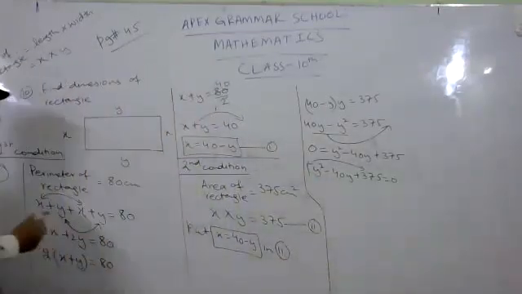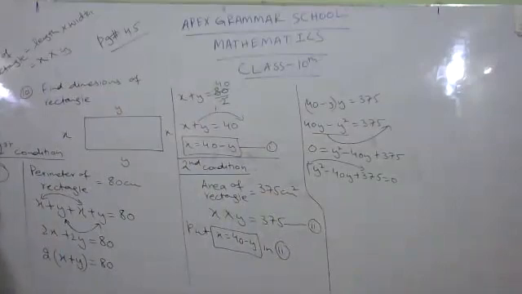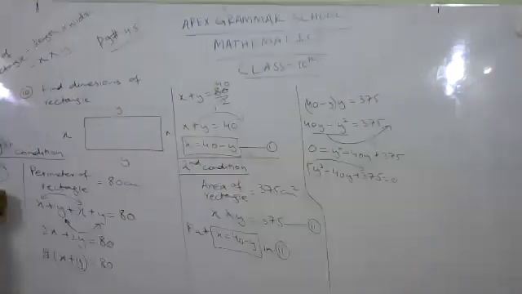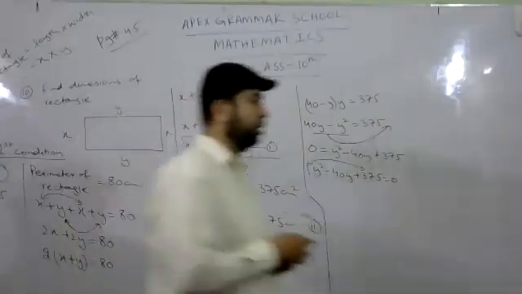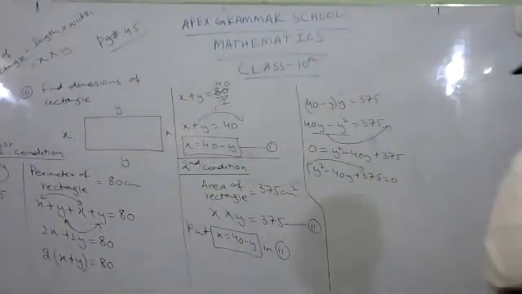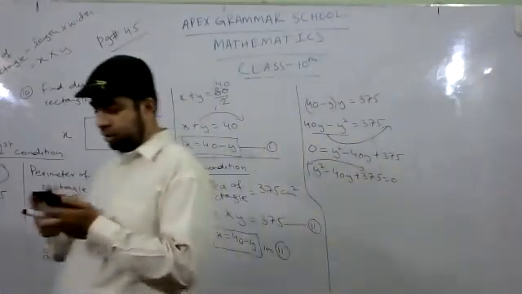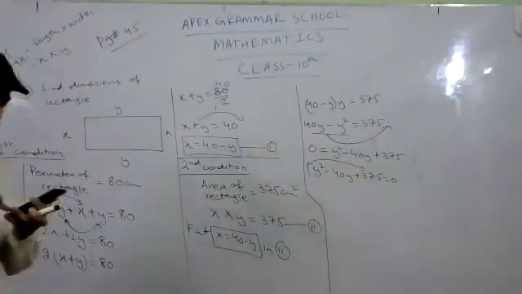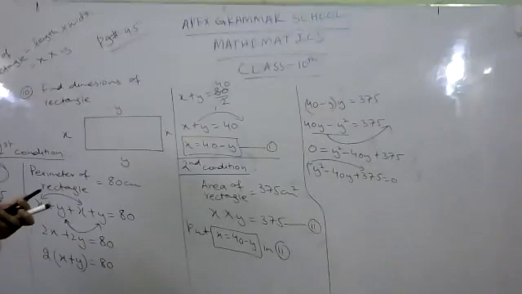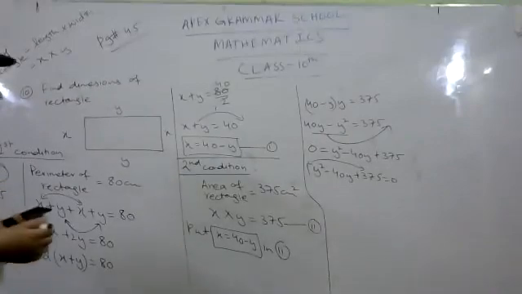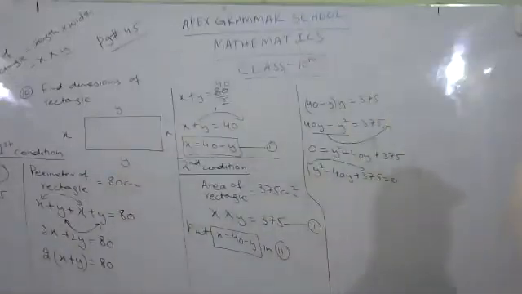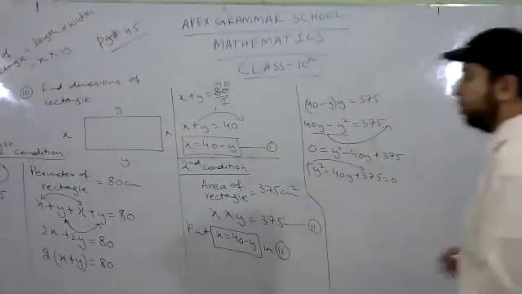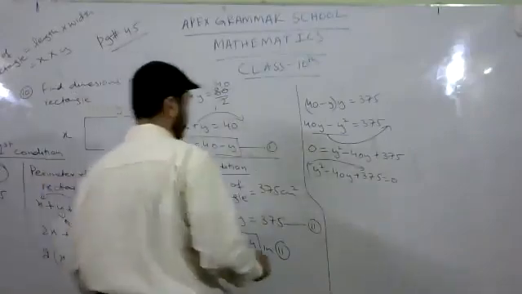So these numbers can be minus 25 and minus 15. After multiplying them, we can easily check this: minus 25 times minus 15 is 375. Okay, we are done with it. This is the pair, minus 25 and minus 15.